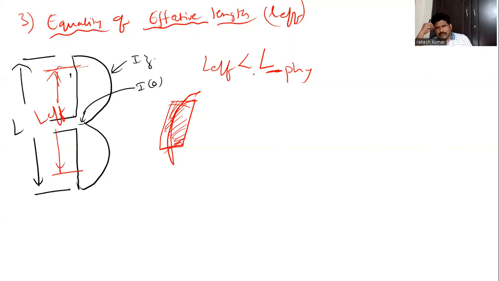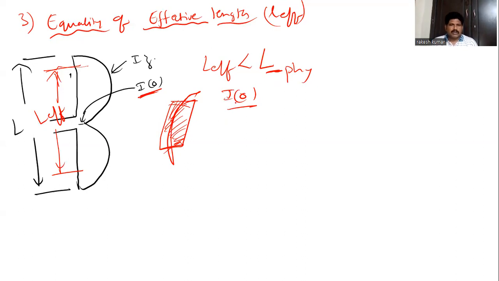The effective length is defined as the length of an equivalent linear antenna which has a current I naught along its length at all points, radiating the same field strength in the direction perpendicular to the length as the actual antenna. The current I naught is the current at the antenna terminals.